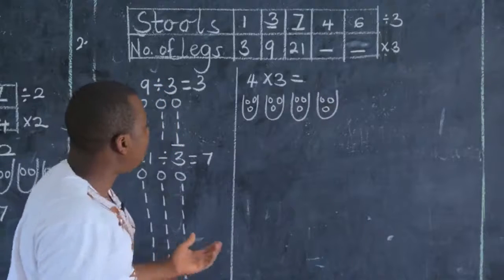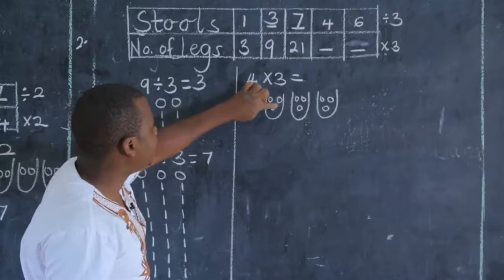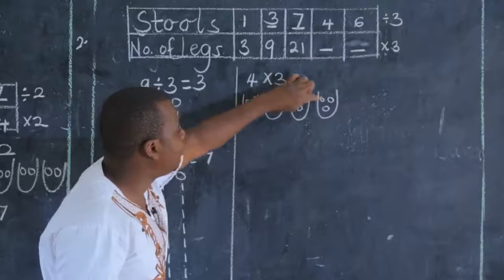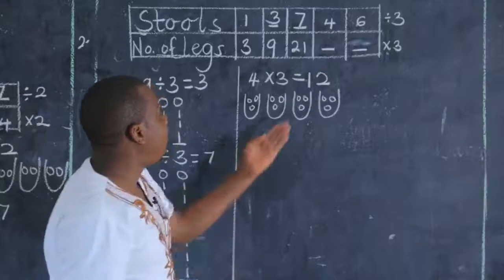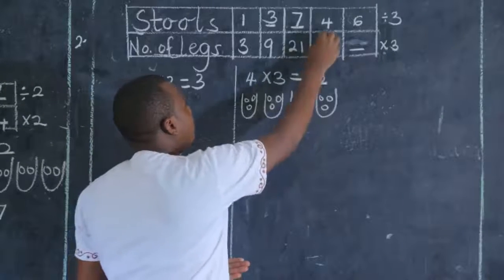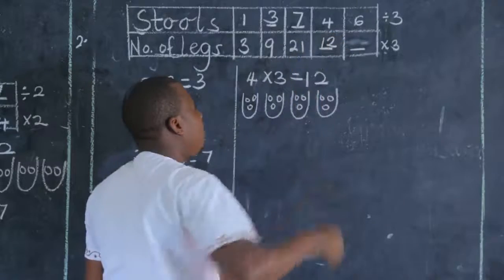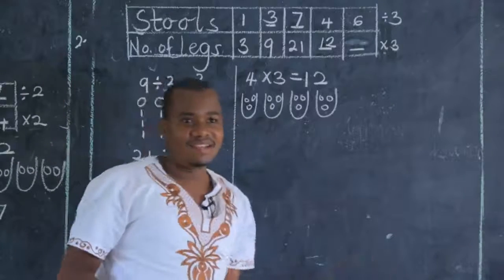And let's count together to find the answer. 1, 2, 3, 4, 5, 6, 7, 8, 9, 10, 11, 12. So we have 12 here. And after getting the answer, remember, go and fill in. So 4 stools will have 12 legs.